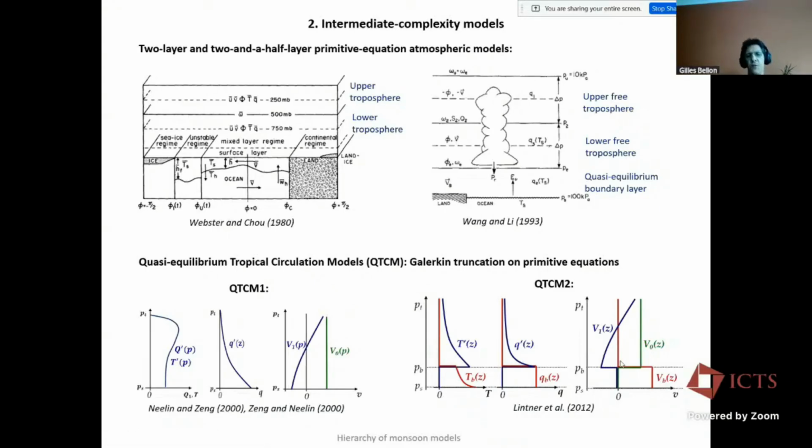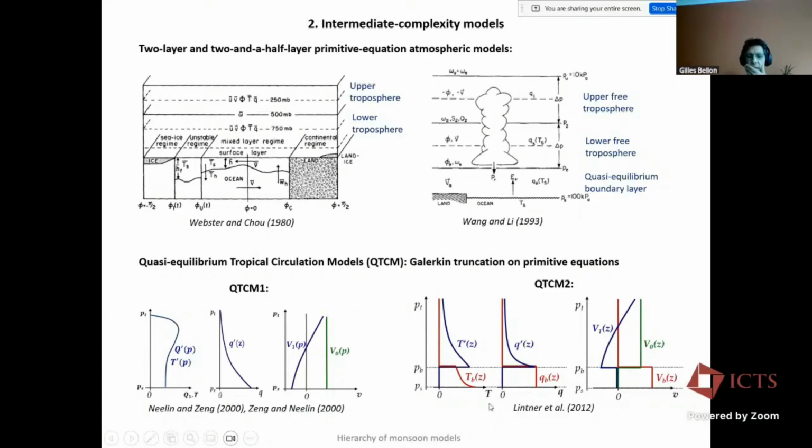And then below the free troposphere, you have a well-mixed boundary layer, with a well-mixed idea that gives you the profiles of temperature, humidity, and wind in the boundary layer. So you've got one more profile for each of the variables, temperature, humidity, and wind in both directions, than in the QTCM1. And that model also exists over the globe.